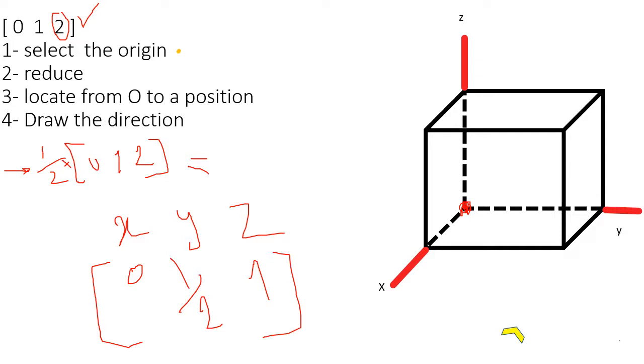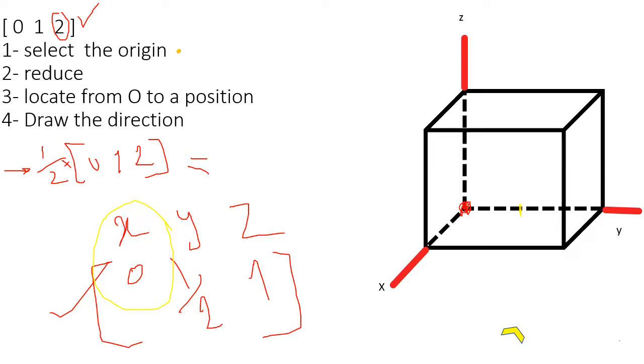So I'm going to locate from O to a position, and at the end I should draw the direction. So let's see. From X it's 0, as you see here. So we see that X is 0, Y is 1/2. So we will mark it like here.